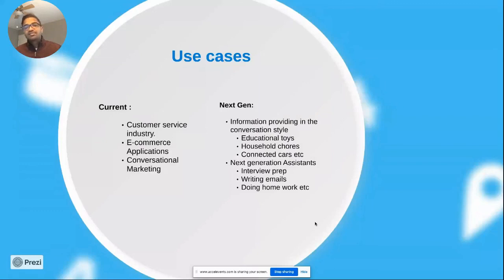Let's go into the use cases of information providing in the conversation style: educational toys. We do have educational toys where your kids use them to get some information answered. But imagine a toy that is with your kids and teaches them a lot of stuff.